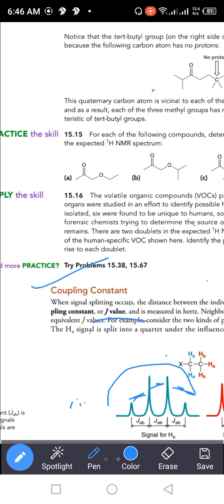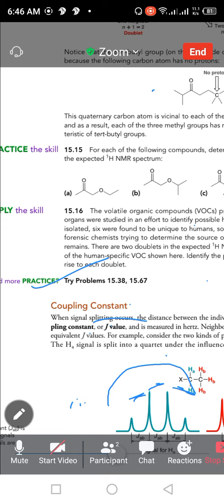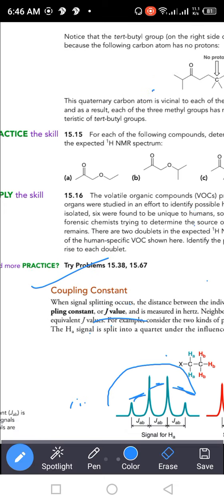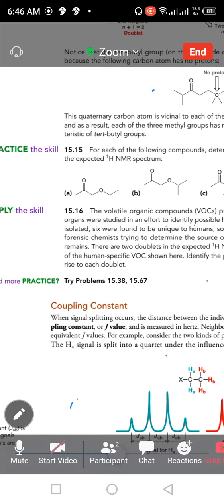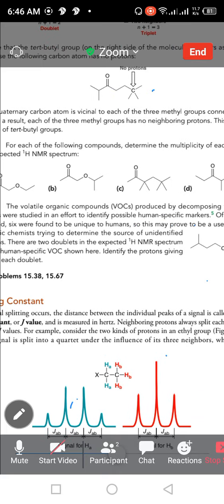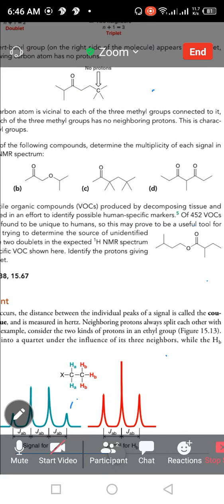And normally the coupling constant does not depend upon the instrumental frequency or external magnetic field, but the frequency has an effect on the overlapping pattern of the peaks.